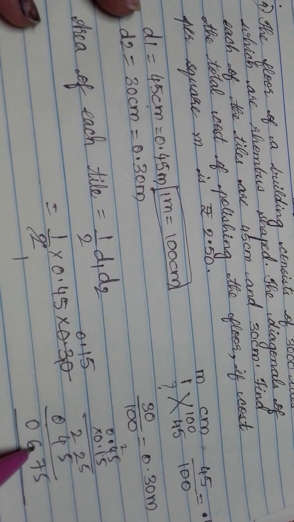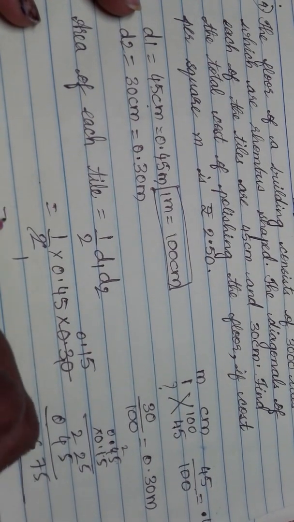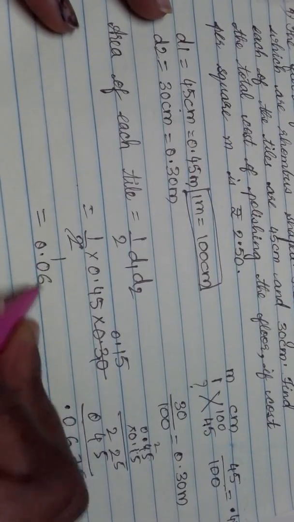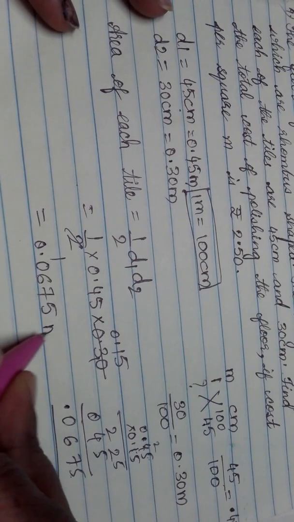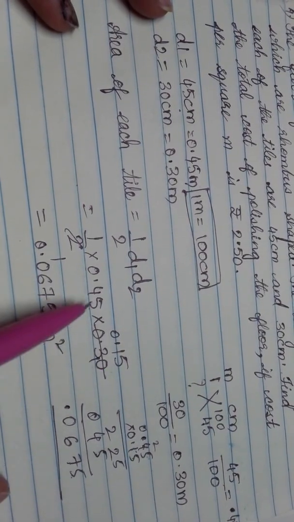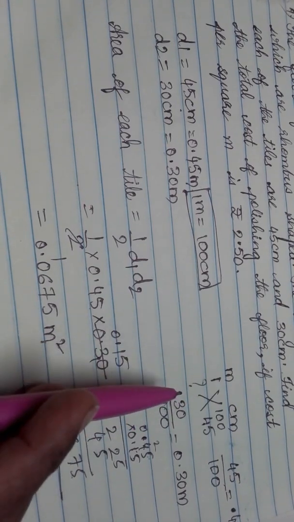So the answer here is 0.0675 square meters. So this is meter and meter. Meter into meter is square meter. Understood this, children? Now we have to find out the area of 3000 tiles.